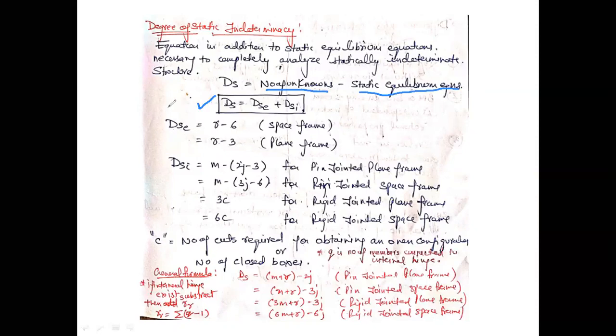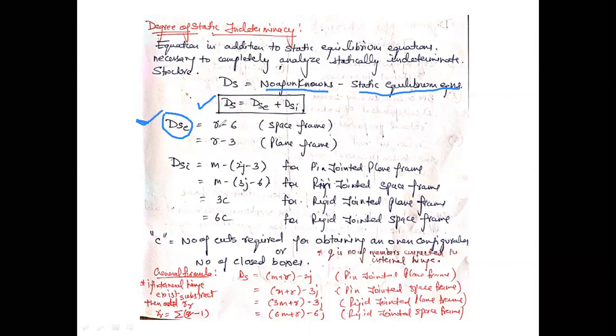Now, we calculate DSE. Please give your full focus over here, because it is a confusing part for students. DSE is equal to R minus 6 if the frame is a space frame, and DSE will be equal to R minus 3 if the frame is a plane frame. DSE is the degree of external static indeterminacy.